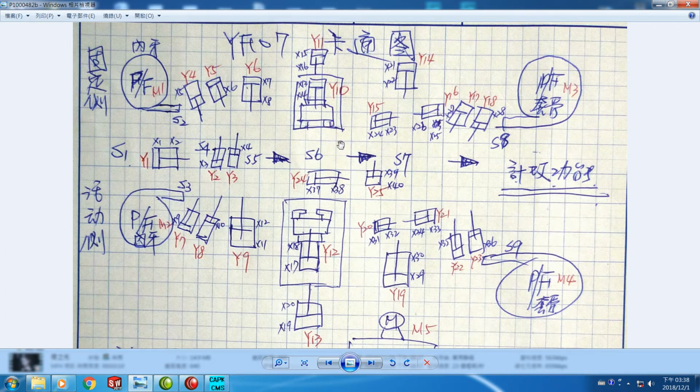The 10 bars will be in position and leave the inner moving mechanism, and then Y24 retracts the moving mechanism back to its original position and finishes a moving cycle.